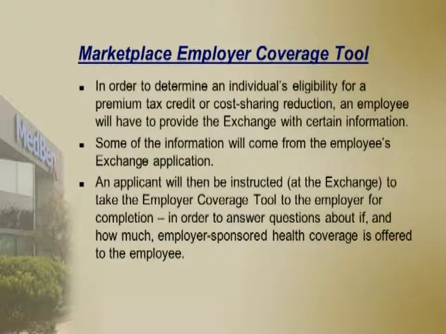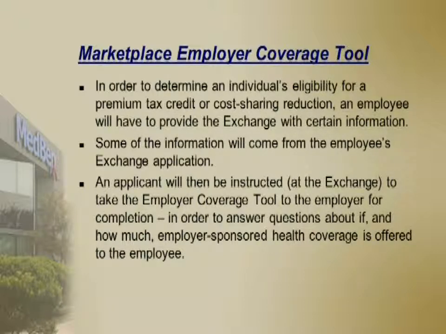Some of the information will have to come from their application, and some of it will have to come from you. And so you may have employees that show up at your HR department with this employer coverage tool, where either a Navigator or somebody's sent it to them online and said, you need to have this filled out. It is a requirement that you fill that out. This is sort of the compromise that is in place because the reporting requirements have been delayed.